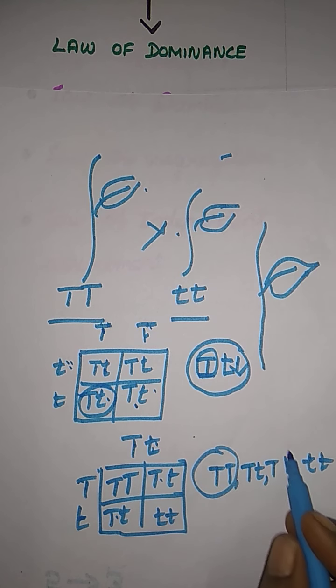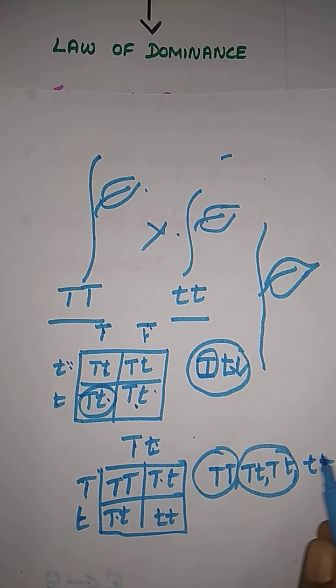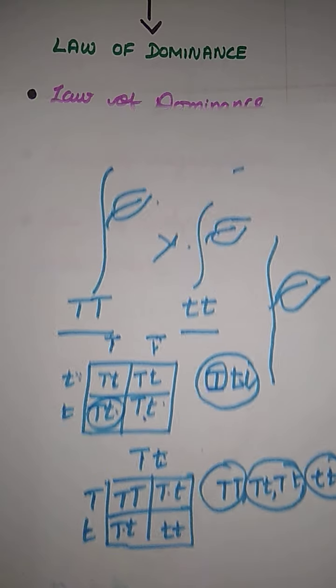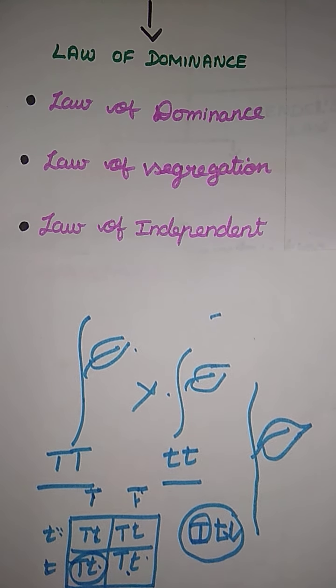Okay? One tall, two tall and dwarf plant mixed together, and one dwarf plant. So this is the law of segregation.